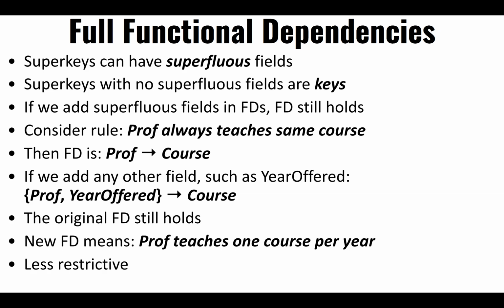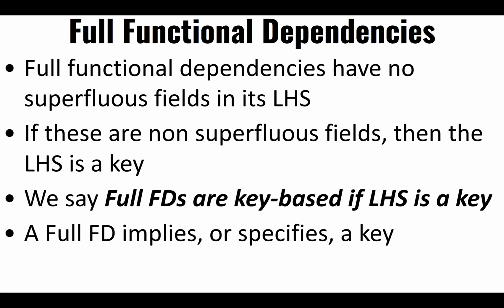We're trying to remove any non-key dependencies, which are dependencies between fields that are not keys. So we're looking for functional dependencies that are key-based on the left-hand side. On the left-hand side you have keys, on which you can enforce constraints and say that those are unique, and those are the ones you want to keep.